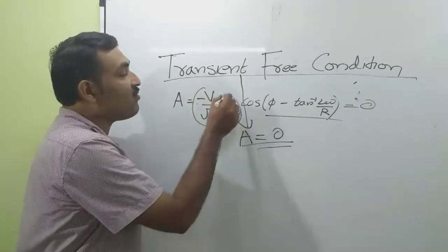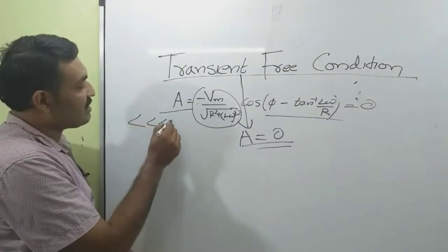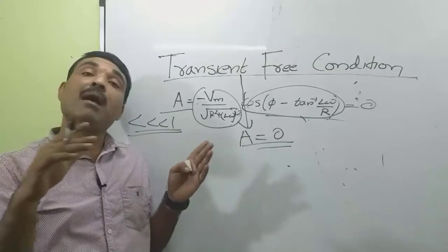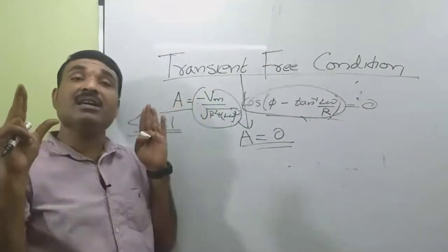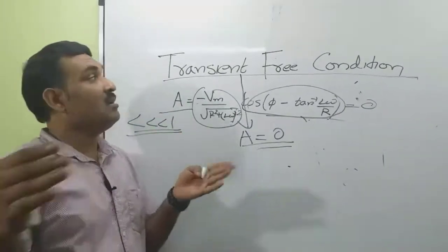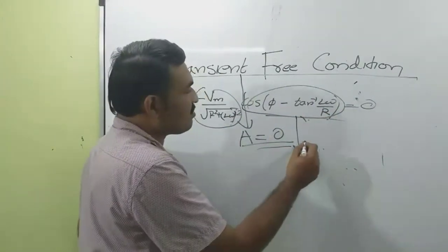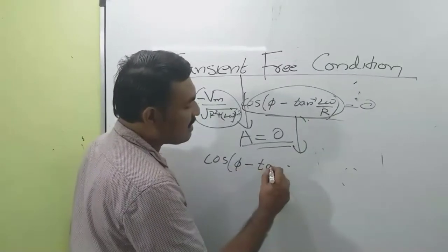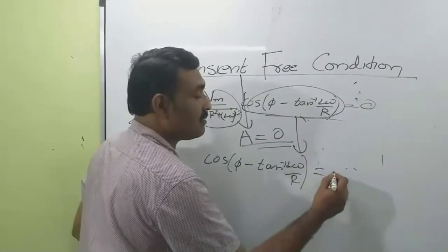The value of a cosine function will always lie between minus 1 and 1, and the value of the factor in front is very small, so A is less than 1 and negligible. So the transient free condition means this term is equal to 0. That happens when cos of phi minus tan inverse L omega by R is equal to 0.